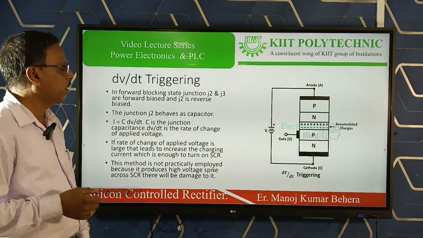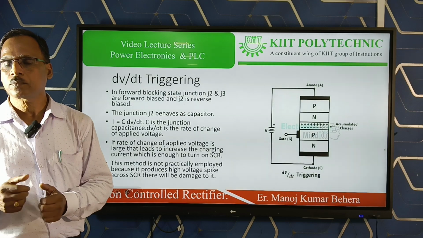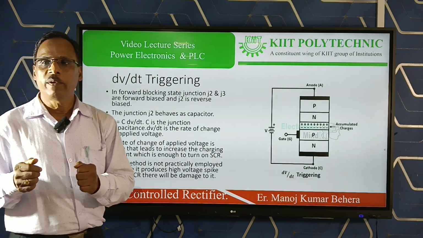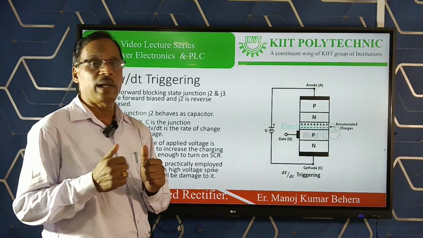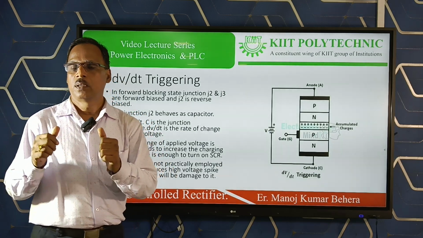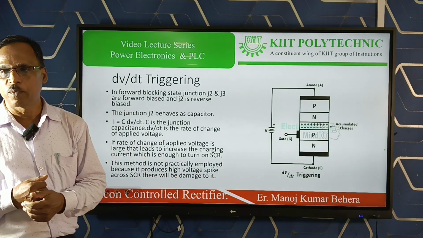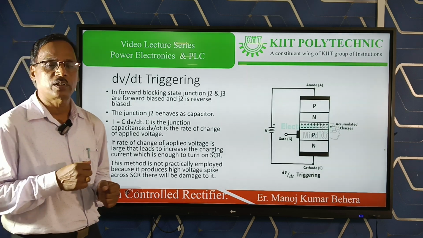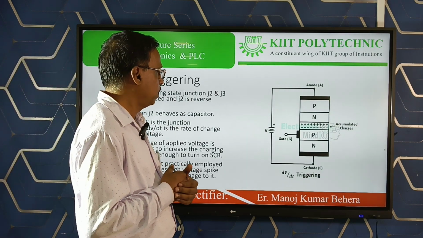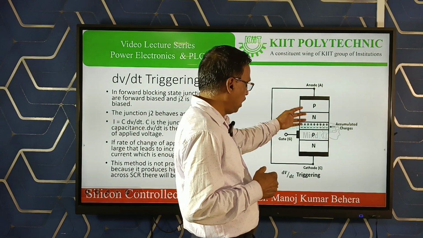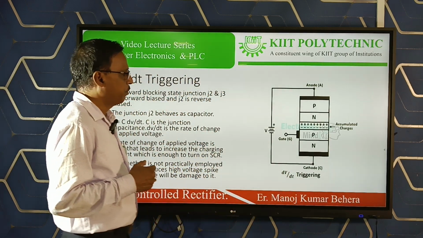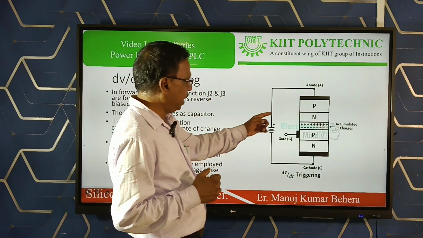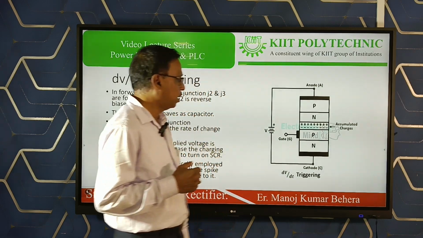Next one is dVdt triggering. dVdt triggering means the SCR is in forward bias condition, with the anode connected to the positive side of the supply and the cathode connected to the negative side of the supply. There are 4 layers, PNPN.